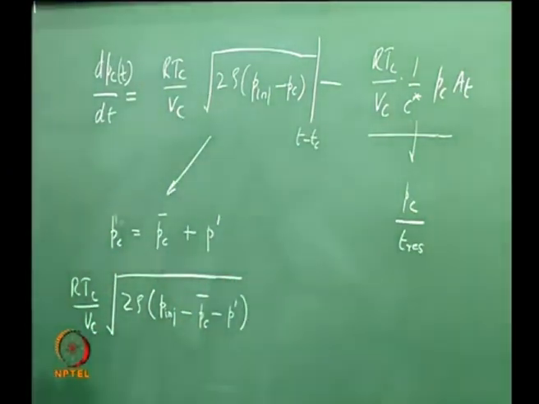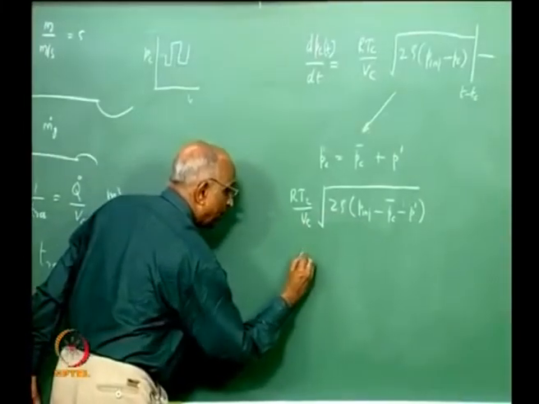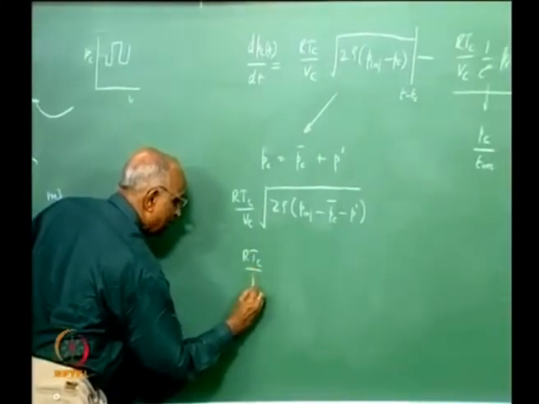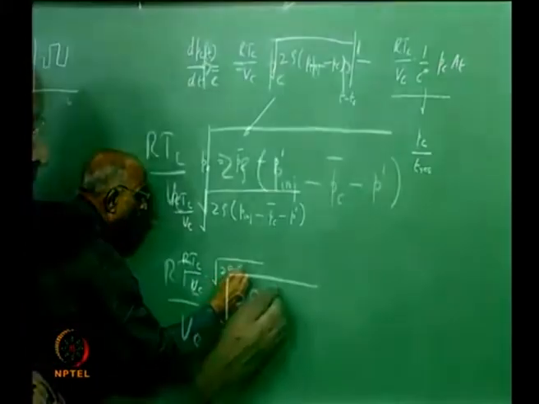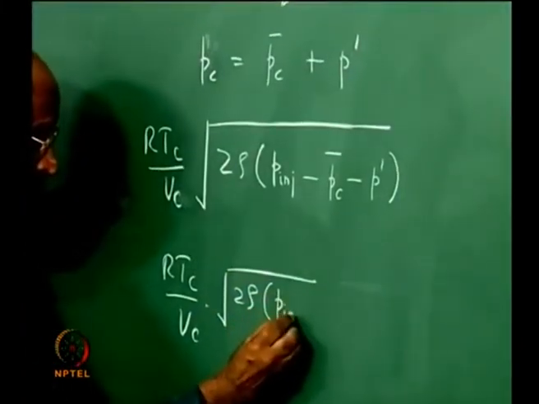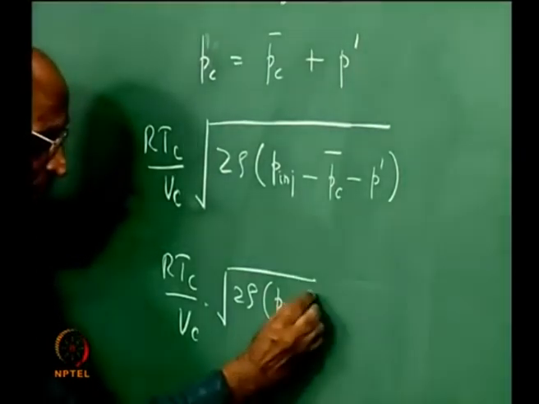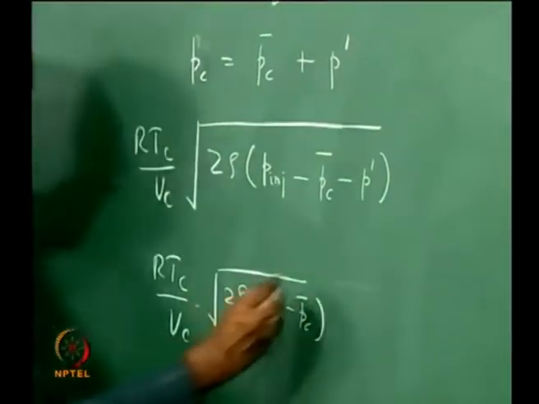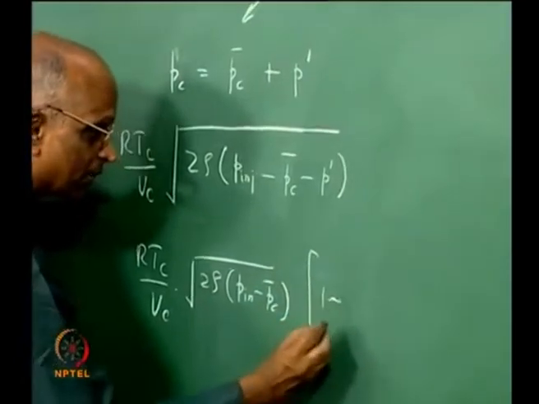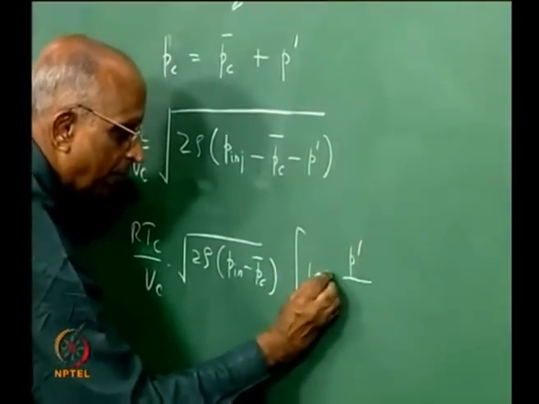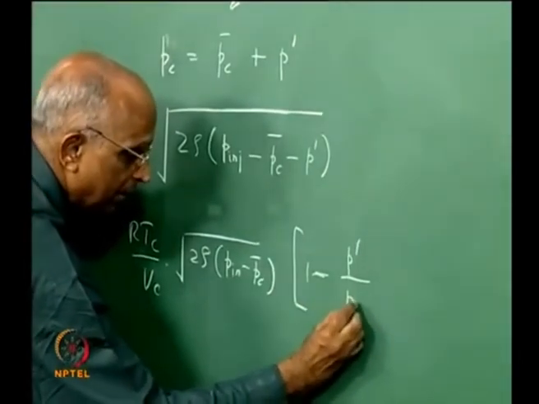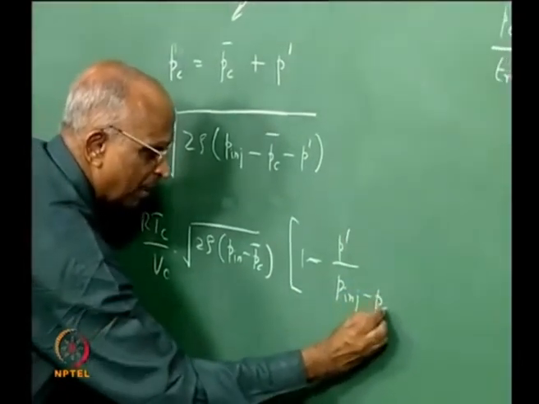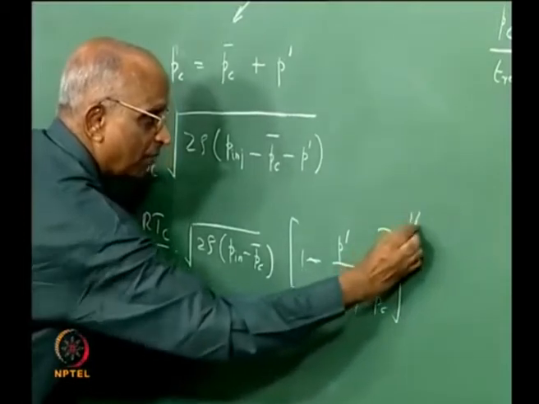Or rather I take the steady value outside: RTc by Vc into under root of 2 rho into P injected minus Pc bar, and then I write the balance as 1 minus P prime divided by P injected minus Pc bar, to the power half.